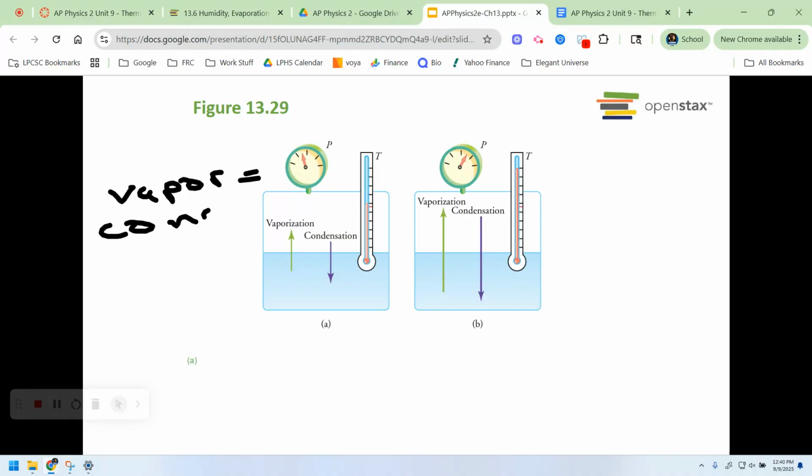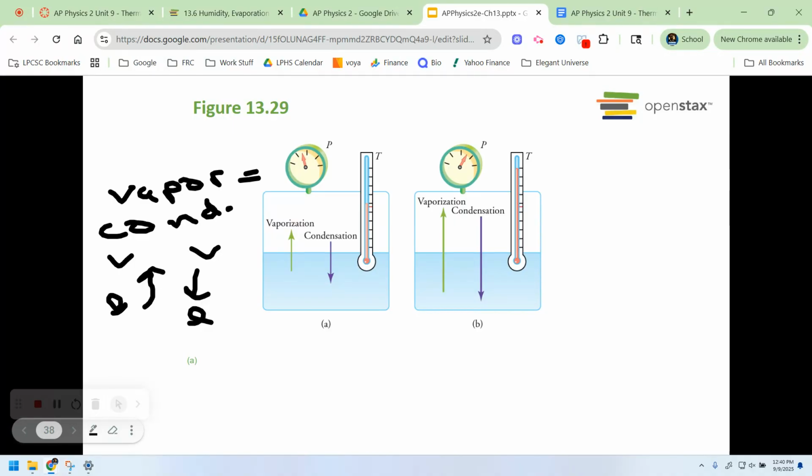So you're not losing liquid to gas; you're going from a liquid to a vapor, but also due to condensation, you're going from a vapor to a liquid. So the liquid remains about the same, and the vapor remains about the same.